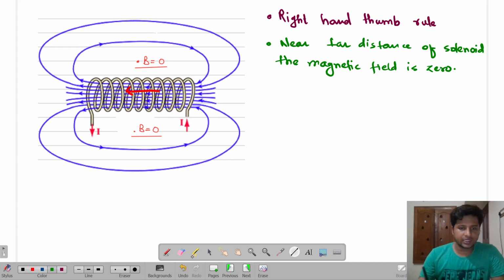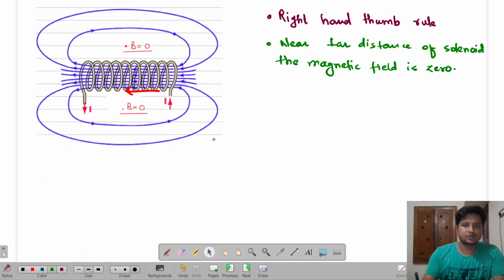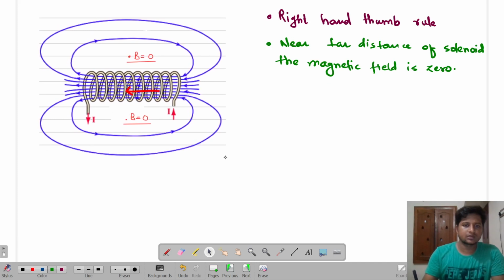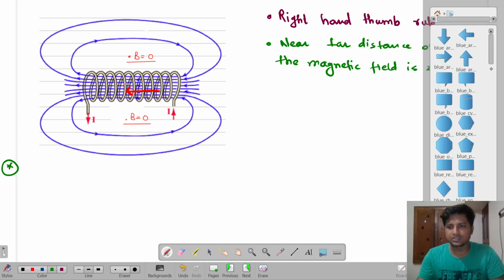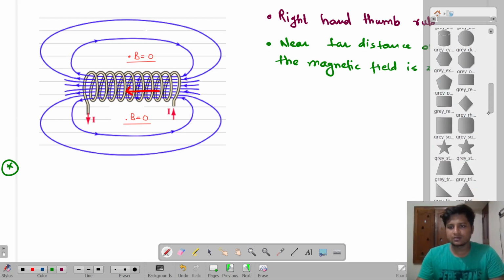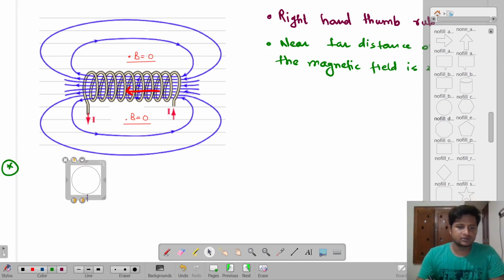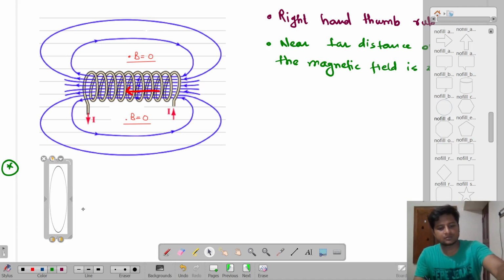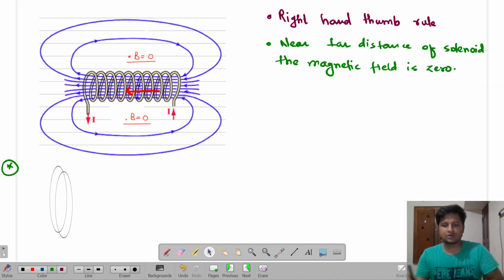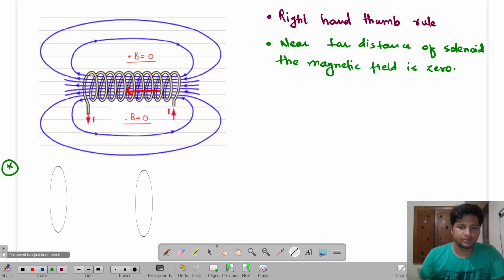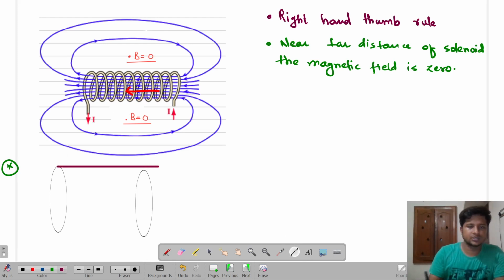Okay. Now, the second thing to grasp over here: this was the case of a solenoid. That's fine. That's good. But let's suppose another example, a hollow cylinder. Let's suppose this is my hollow cylinder, can you see?